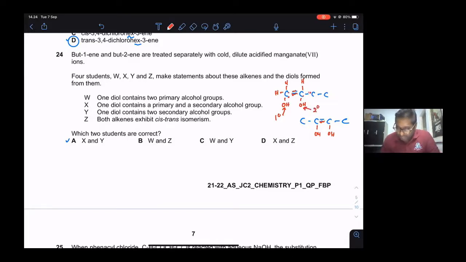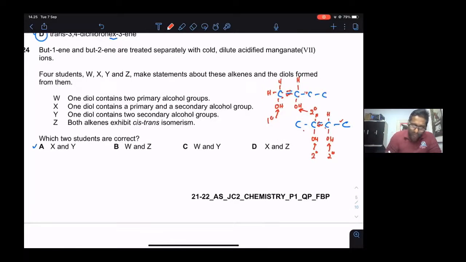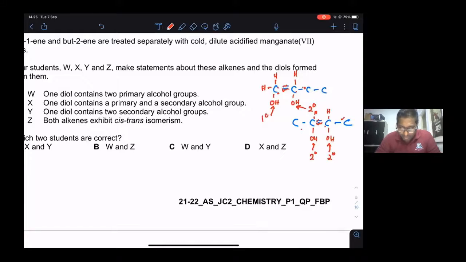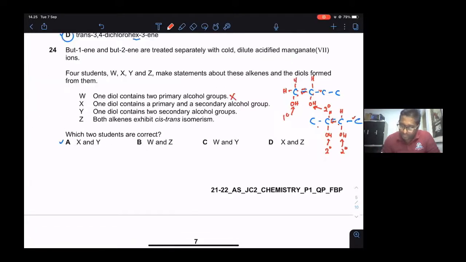Let's find out for this: this is one carbon, another carbon, and there is one hydrogen, so this is going to be secondary. One carbon, another carbon, this is hydrogen, so this is going to be secondary. So you see, one diol contains two primary alcohol groups? I don't see two primary alcohol groups, so that is wrong. One diol contains a primary and a secondary alcohol group. Yes, so this one is correct.